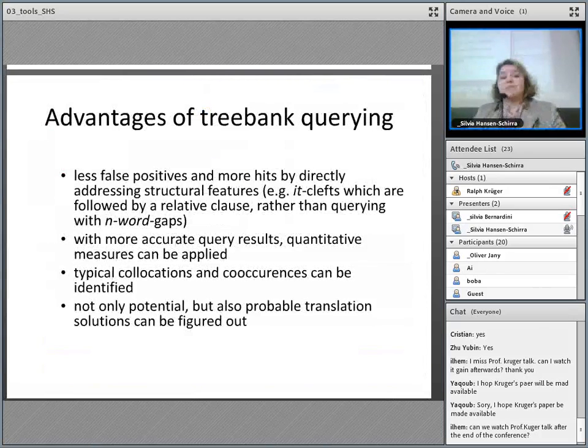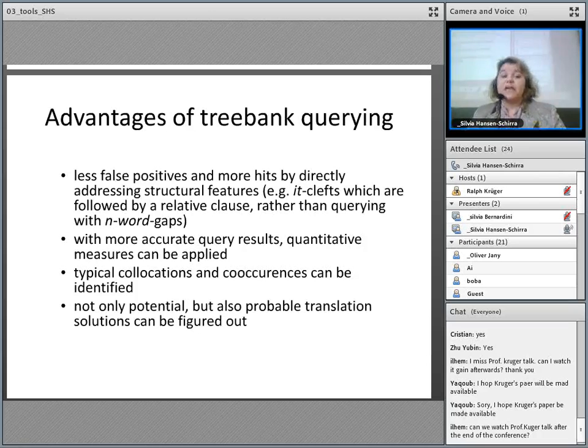To sum up, the advantages of querying a treebank or an annotated corpus, in my opinion, are that you have fewer false positives and more hits by directly addressing structural features, for example, cleft sentences or n-grams on a structural layer.